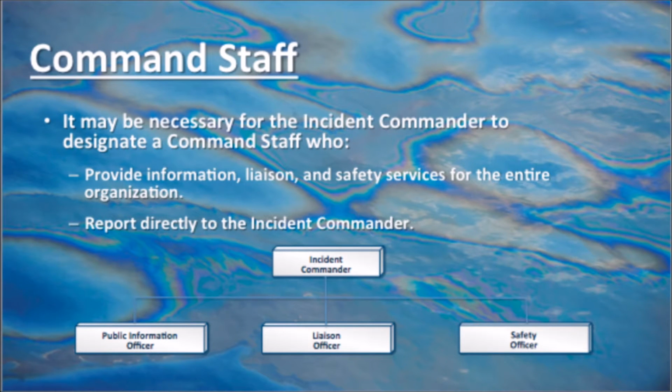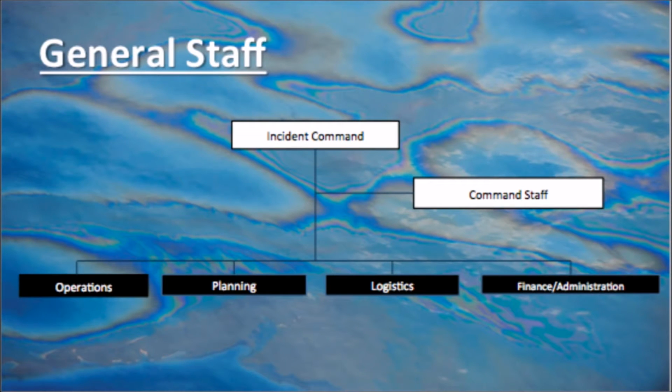Here we see the command staff. The incident commander is leading the public information officer, the liaison officer, and the safety officer. Each of them reports directly to the incident commander or to unified command. What we call the general staff is those folks that are in operations, planning, logistics, and finance administration.